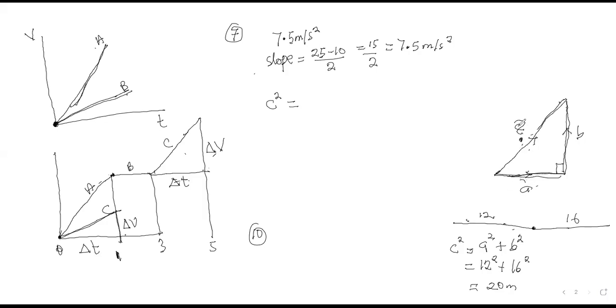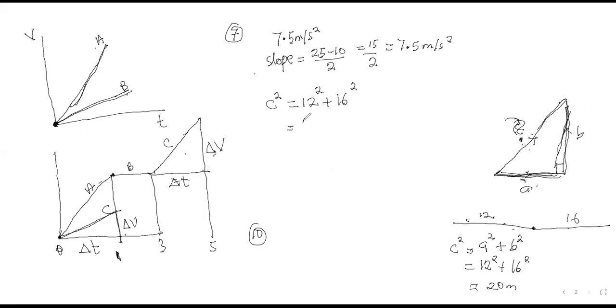So this represents what this and this one, when added, will do. So what this alone can do is equal to combining this one and this one. Okay, so c squared is 12 squared plus 16 squared.